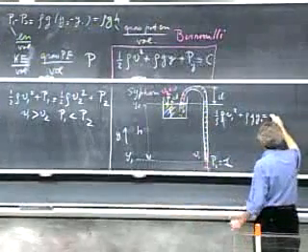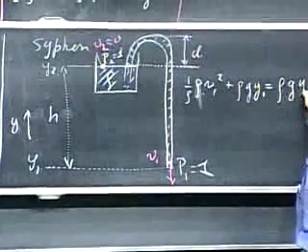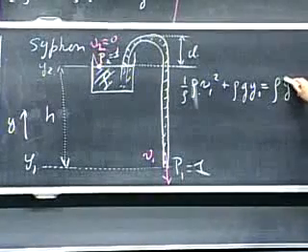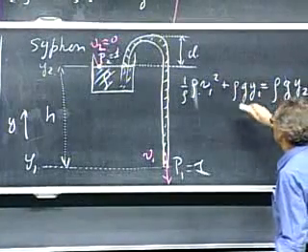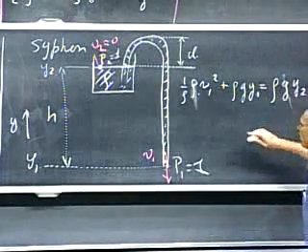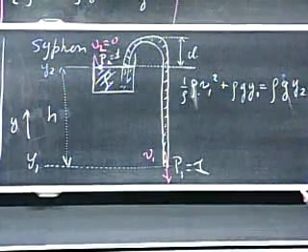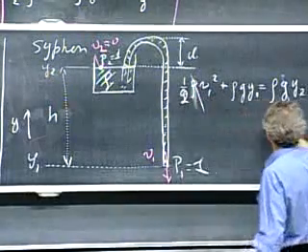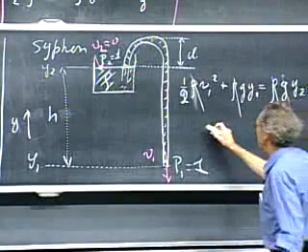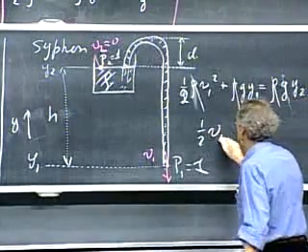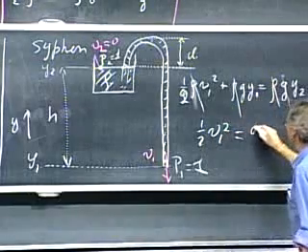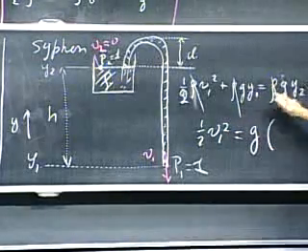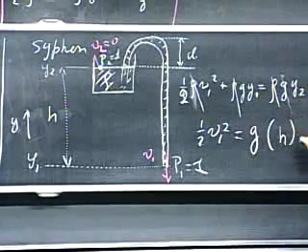So I only have rho G Y2. And so I lose my rho. And so you get that 1/2 V1 squared equals G times Y2 minus Y1, which is H.